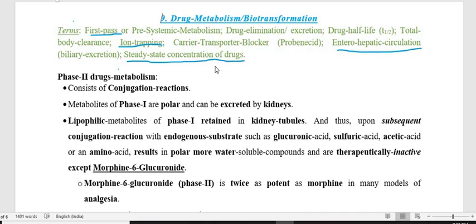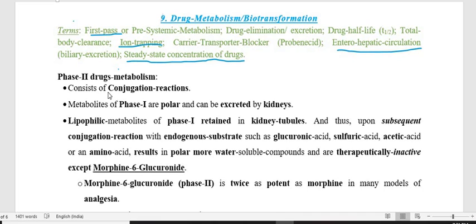So let us start the phase 2 drug metabolism. As we earlier discussed, phase 1 and phase 2 are the ways of drug metabolism, and we already discussed phase 1. So now we start with phase 2 drug metabolism.